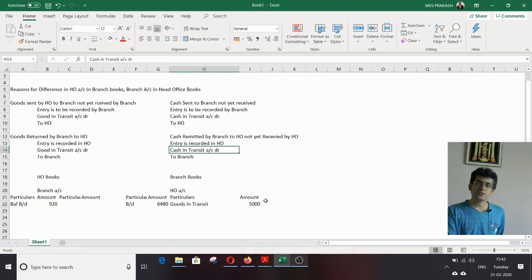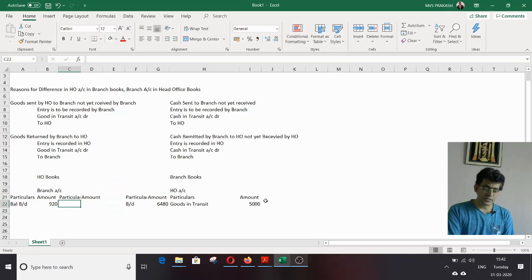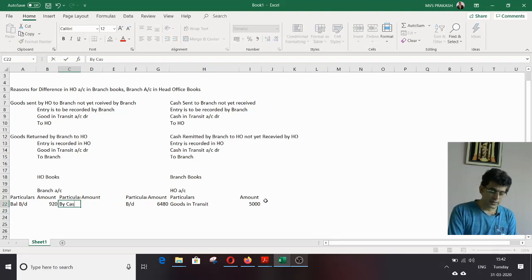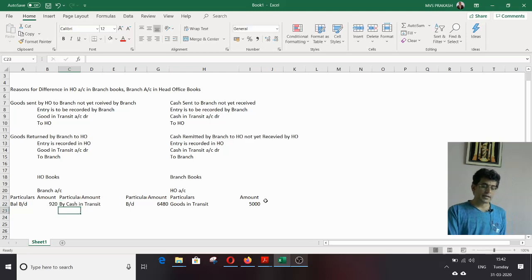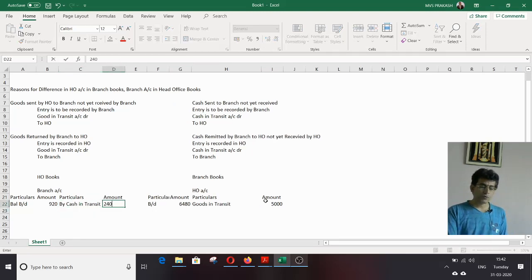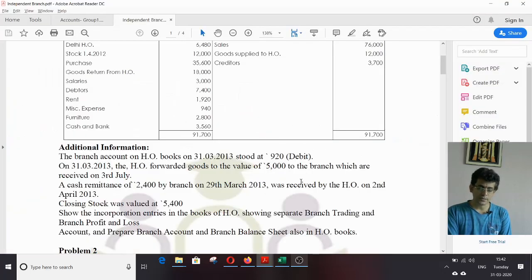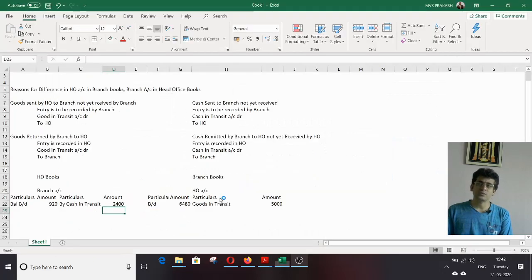So the entry has to be passed in the books of the head office. What entry do I have to pass? Simply, cash in transit to branch. So ultimately, in the branch account I have to consider it as by cash in transit, amounting to 2,400. Let us see. Yes, amounting to 2,400.